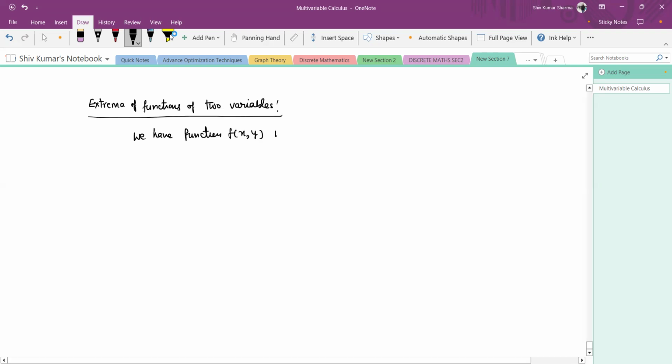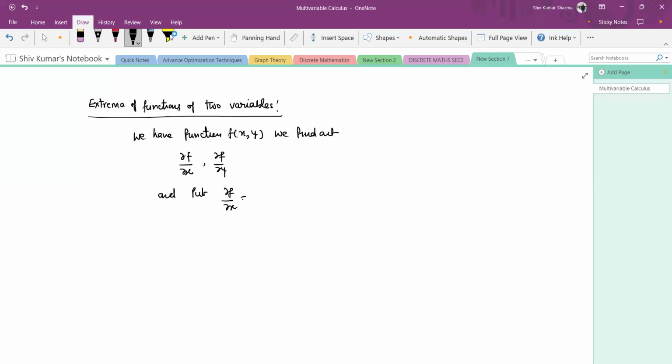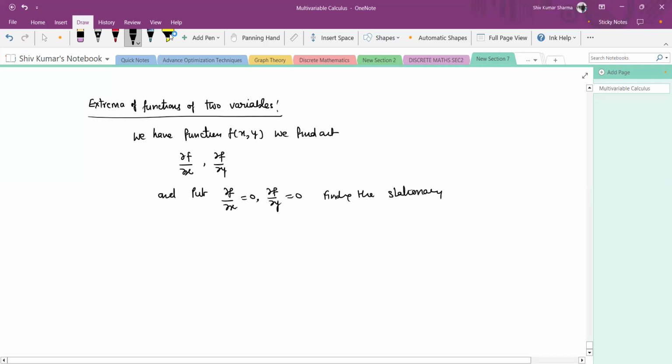So we find del f upon del x, the first derivative, and del f upon del y, and put del f upon del x equal to 0, del f upon del y equal to 0 for finding the stationary value, or stationary points.